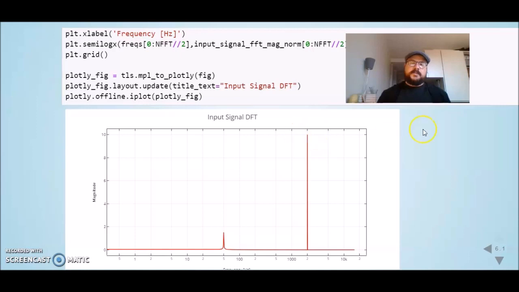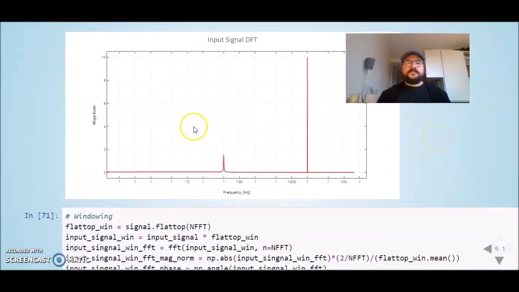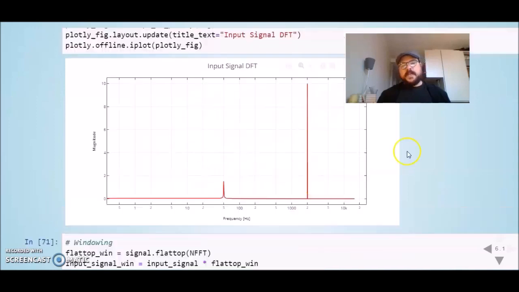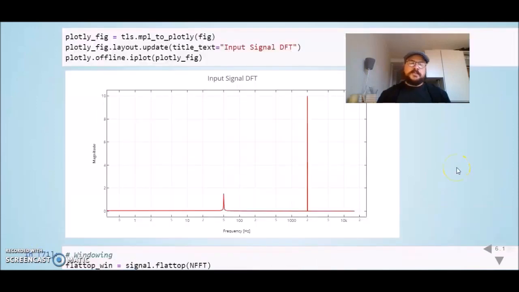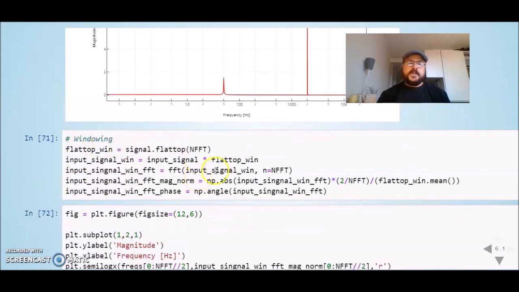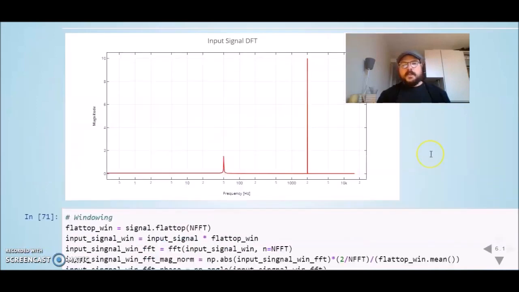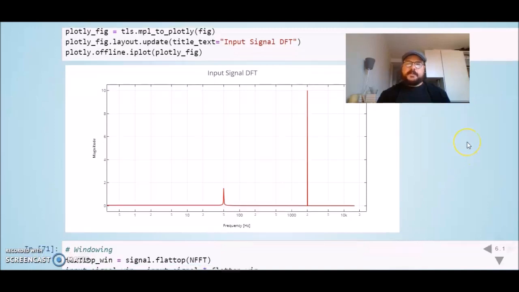So what we can do is use windowing, and a very good window to estimate the amplitude of sine waves in the frequency domain is the so-called flat top window. So what I'm going to do here is create this flat top window, and then multiply our signal in the time domain with this window.